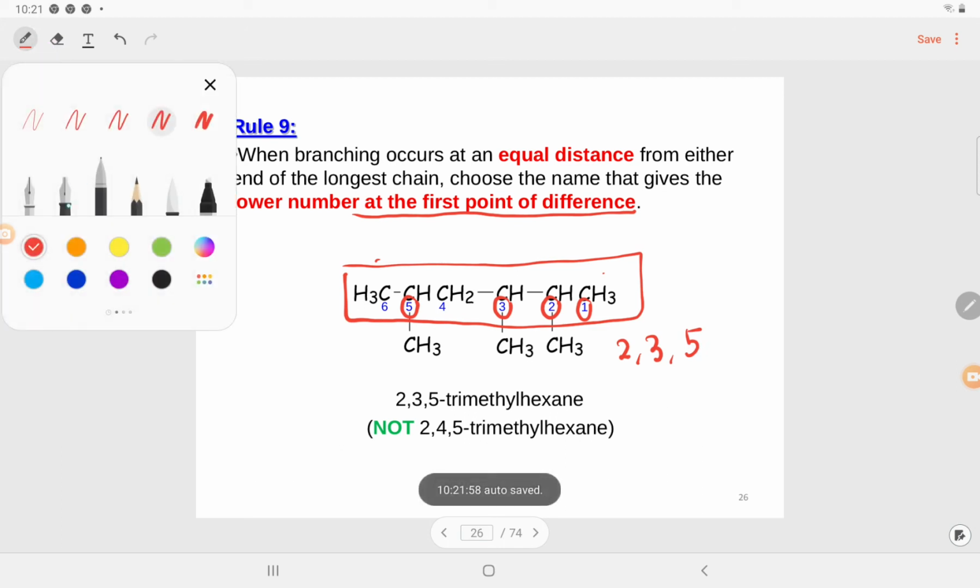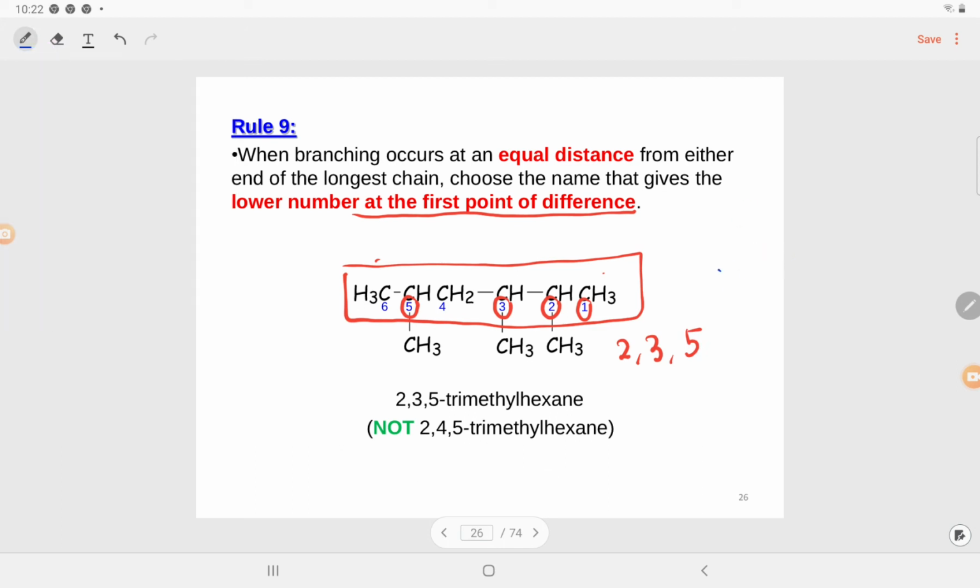But in the second situation, we can also number it as 1, 2, 3, 4, 5, 6. So our substituents are attached to carbon number 2, carbon number 4, and carbon number 5, and we arrange for this situation 2, 4, 5.